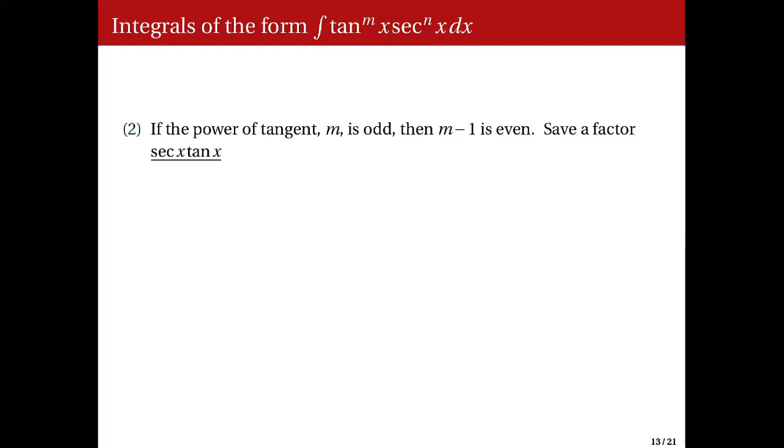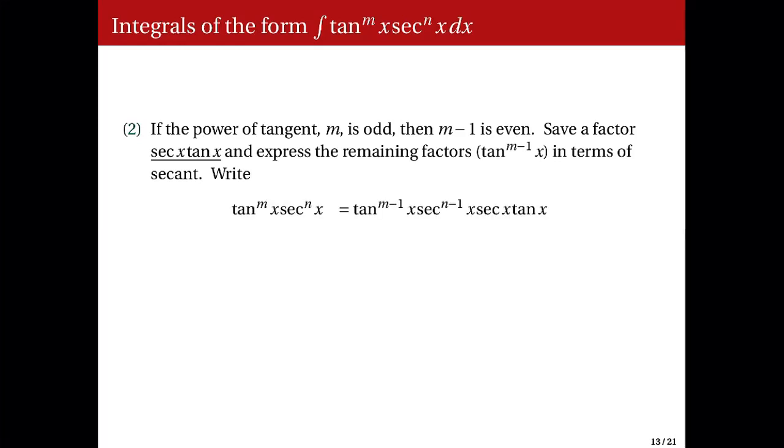So you will save a factor secant x tangent x, and then convert the other tangents in terms of secant. So this is what will happen.